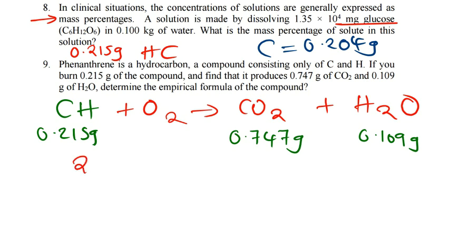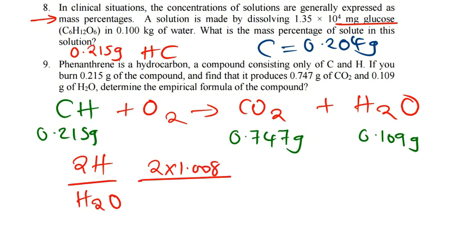We've got 2 hydrogen atoms over the total water molecule. So that would imply we have 2 multiplied by 1.008 over the total relative molecular mass of water, which is just 18.01 grams per mole, multiplied by the given mass of water.